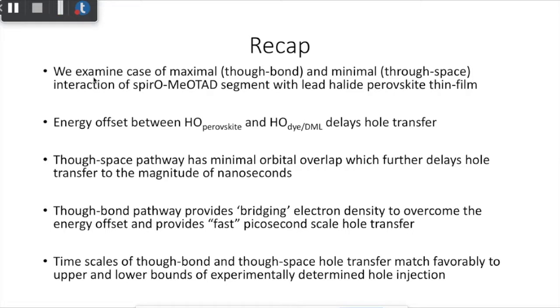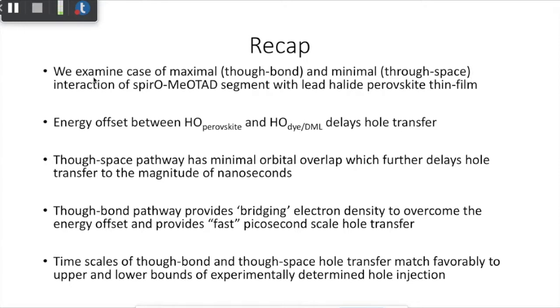So just to recap the work that we did, we examined two cases of maximal and minimal interactions of a Spiro-MeOTAD segment with the lead-halide perovskite thin film. We found that the energy offset between the HOMO of the perovskite and the HOMO of the dye delays hole transfer initially, because it takes a long time for the charges to overcome the energy barrier.